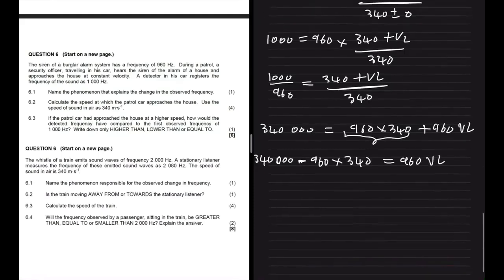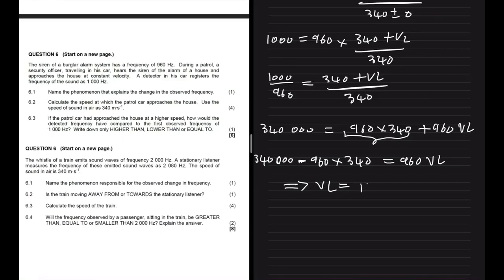I'll divide both sides by 960, so we end up with VL equals, let me put that into my calculator, 340,000 minus 960 multiplied by 340, all divided by 960.